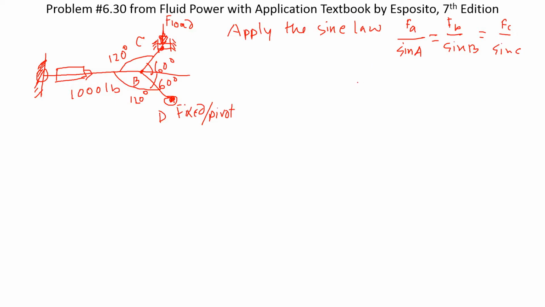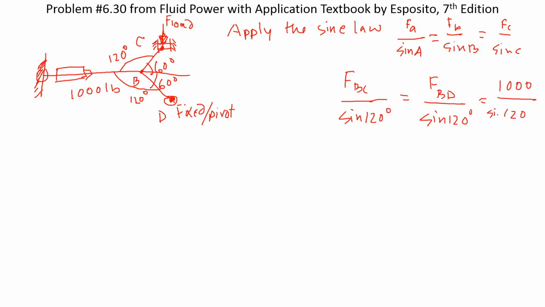If you apply that, we can write FBC divided by sine 120, in this case all of them are 120 degrees, equals FBD divided by sine 120, which again is 120 degrees, makes your job really easy, equals 1000 pounds divided by sine 120.